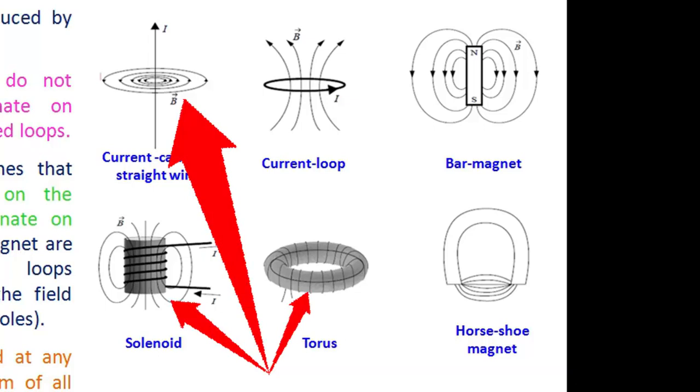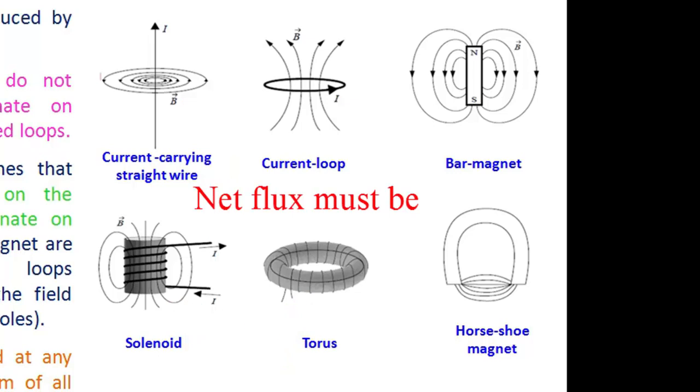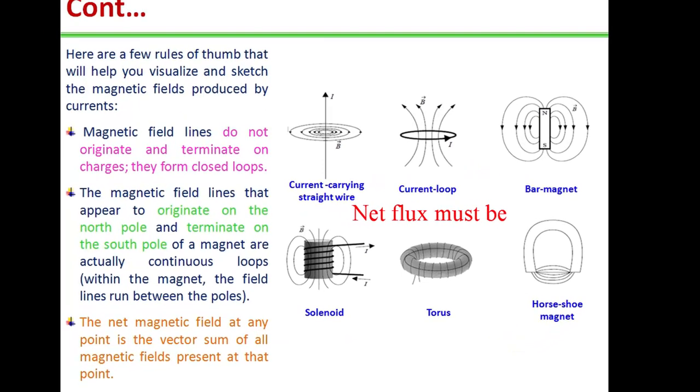No matter what shape of surface you choose, you will always find that the number of field lines entering the volume enclosed by the surface is exactly equal to the number of field lines leaving that volume. This means the net magnetic flux through any closed surface must always be zero.